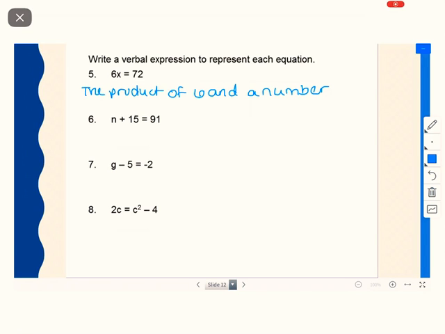An equal sign. You can either write is equal to, or is in general represents an equal. So the product of a number and 6 is equal to 72.